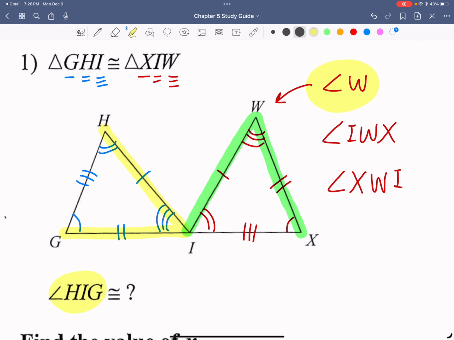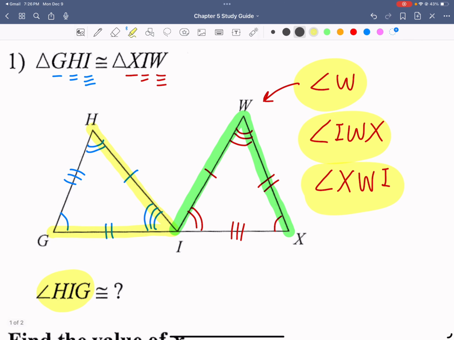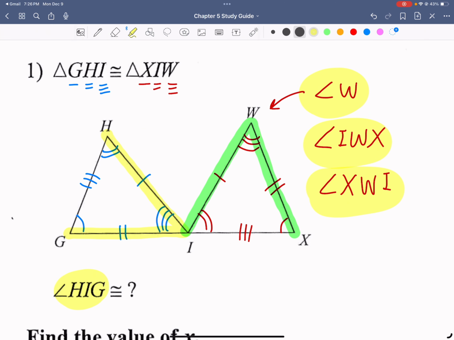So angle W, angle IWX, angle XWI. And honestly, any one of those 3 will work. That's going to be the angle that's congruent to that. Okay.